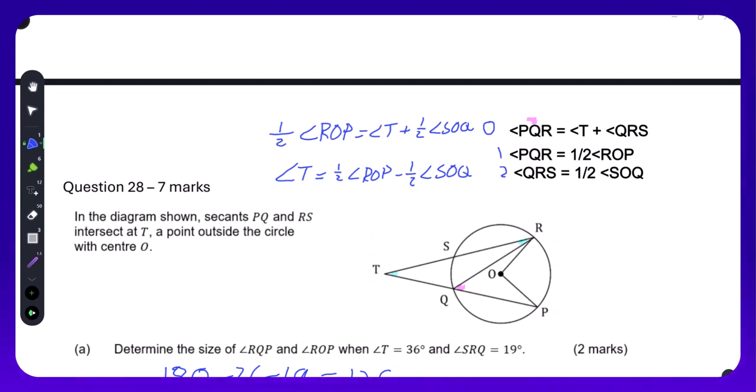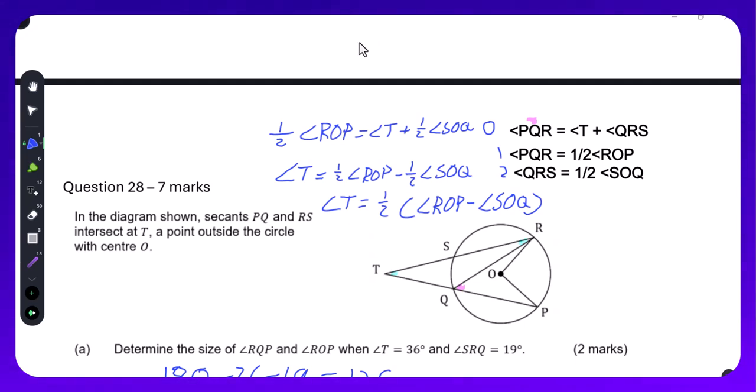And of course we could just factorize that to make it angle T equals half angle ROP minus angle SOQ. And that's how you end up solving that one.